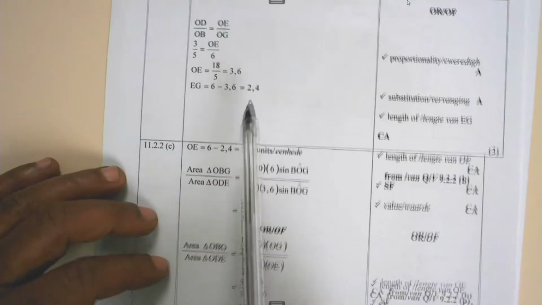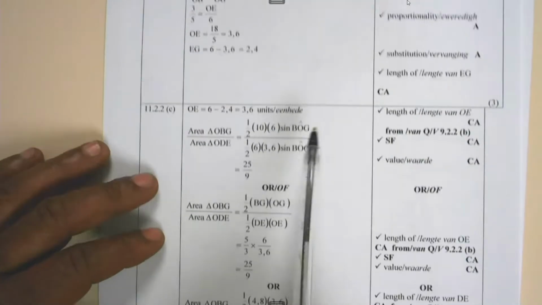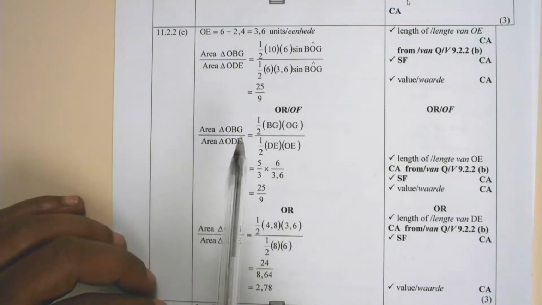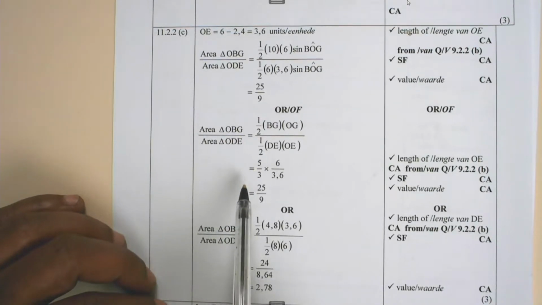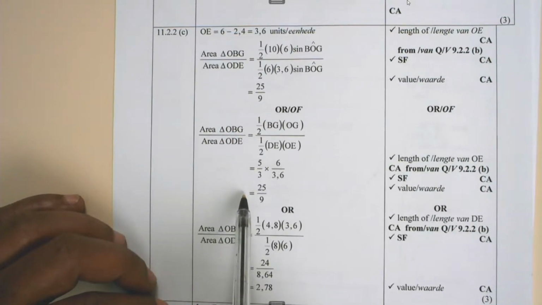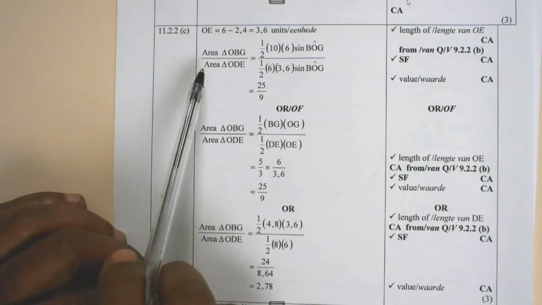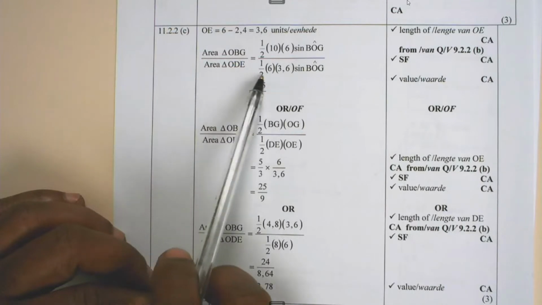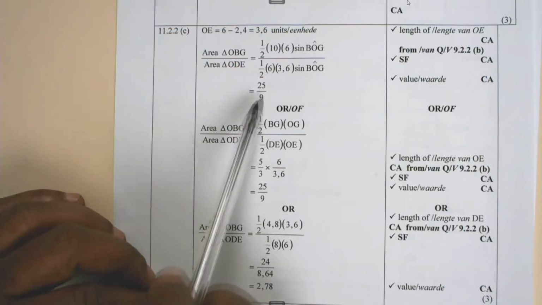It is giving us 2.4, the same answer. 11.2.2c, area of triangle OBG all over area of triangle ODE. I think here is just a substitution, and the learners are getting the same answer, 25 all over 9.